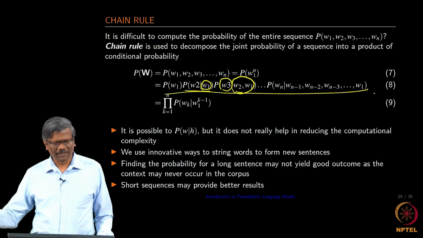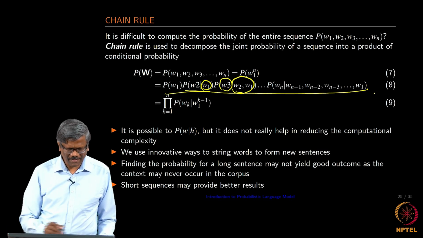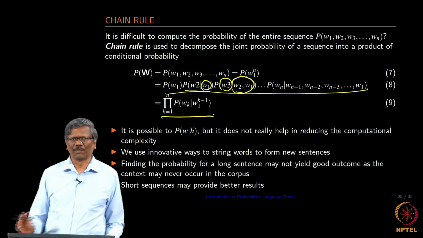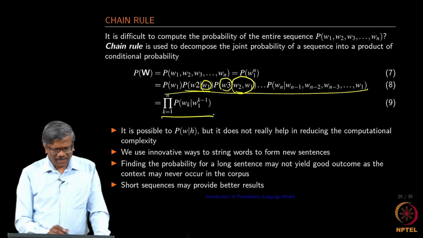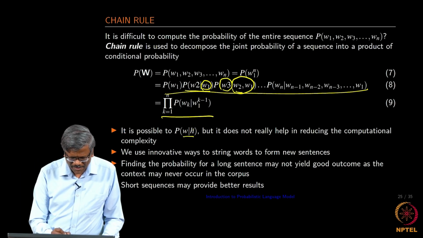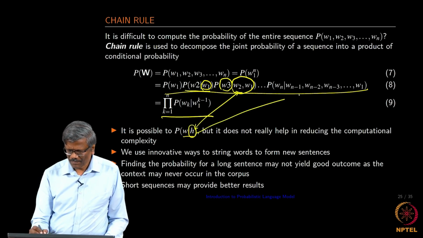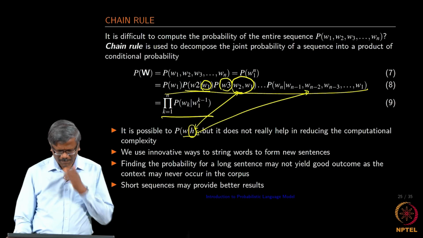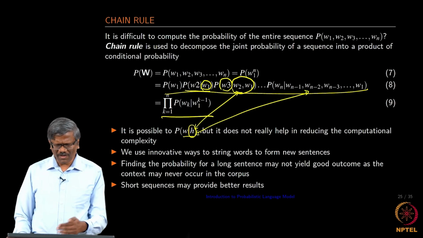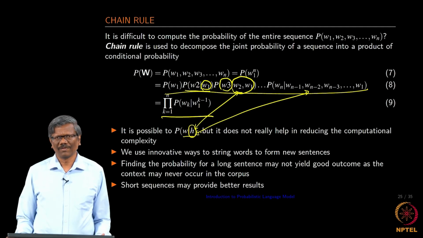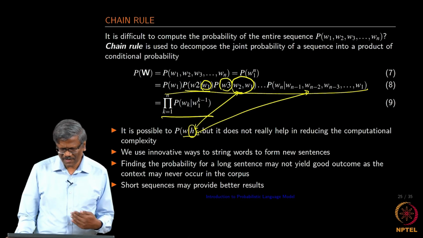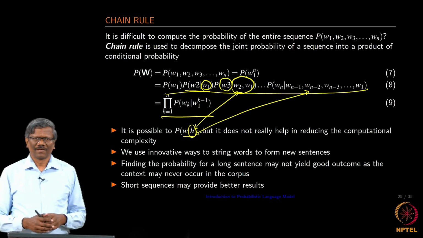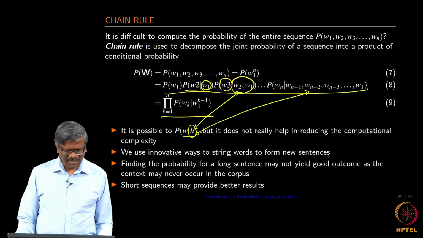So, it is a product of the conditional probabilities, which can be written in a very simple, concise form in the mathematical notation. Okay. So, we can compute, I am just writing it as a history. History is nothing but these two words, right, in a simplified form. It is not really reducing our computational complexity, right. So, we have to use a different mechanism in order to reduce our complexity.